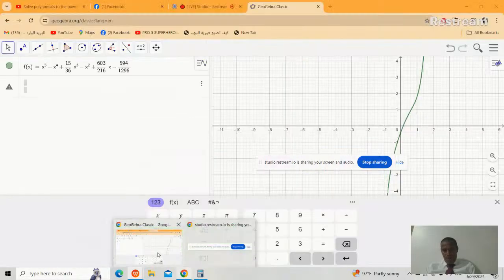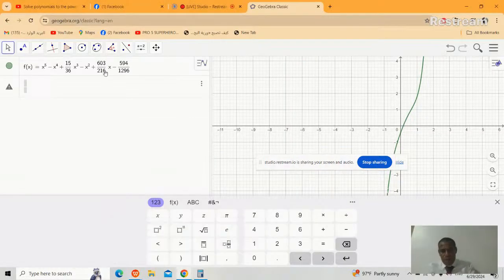Here 6 raised to the power 6. This one is 6, this is 4, this is 6, and this one comes 5.